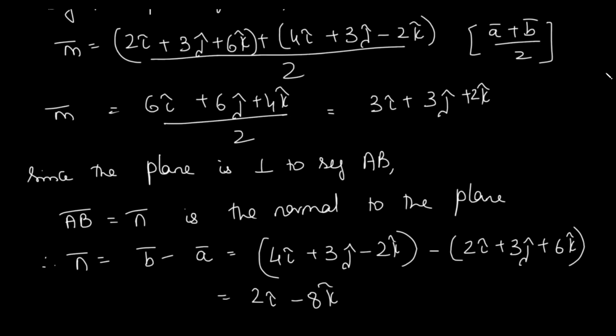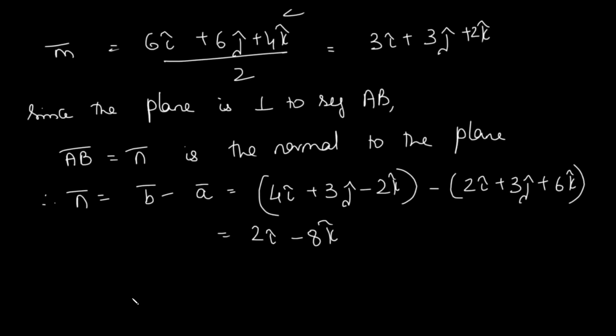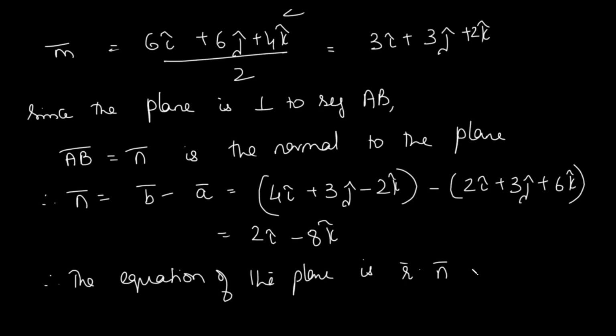So now that we got a point on the plane and the normal to the plane, we can form the equation of the plane. So therefore the equation of the plane is r dot n, as we saw earlier, r dot n is equal to a dot n. In this case, a is m. M bar can be represented as a bar. So m bar dot n bar in this case. So thus we substitute these values over here.